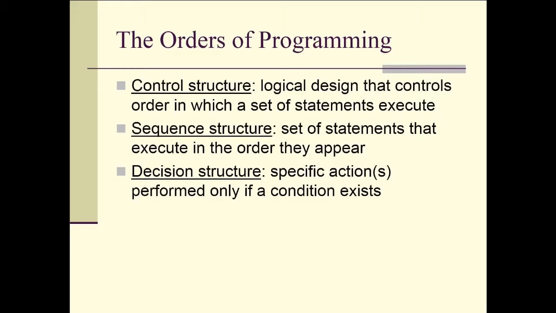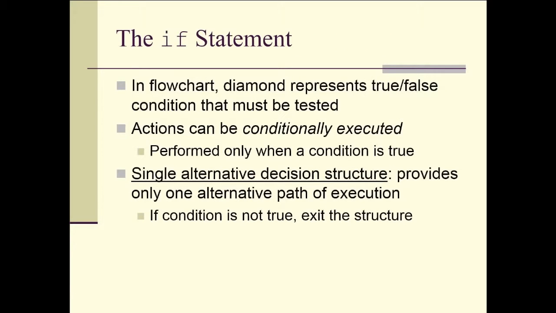It gives us a logical design that controls the order of when the statements are going to execute. Now, it's a little different than a decision structure, where we're going to have the computer make a decision based on some parameters or statements that we've given it or programmed into it. Now, how do we do this? Well, we use an if statement.